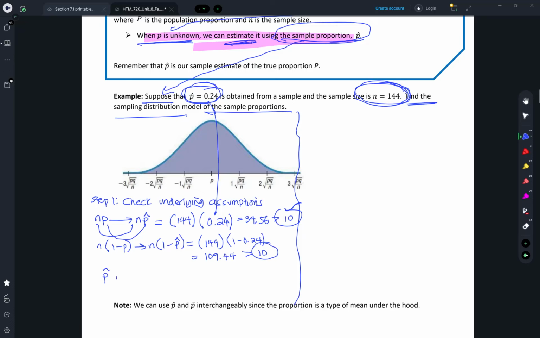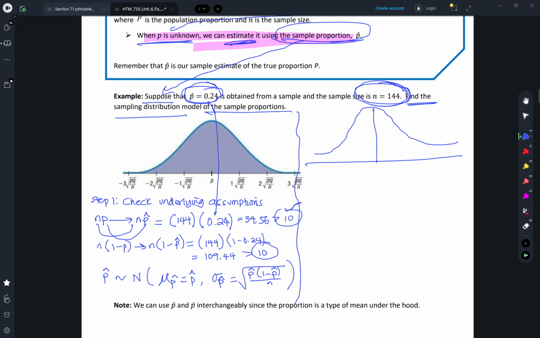p-hat follows a normal distribution with a mean of p, which, if it's unknown, we estimate using p-hat, and the standard error is the square root of p-hat(1 minus p-hat) all over n, replacing all instances of p with p-hat. And so we're dealing with a normal distribution where the mean of the sampling distribution of p-hat is equal to p-hat, and p-hat is 0.24 here, according to the question.